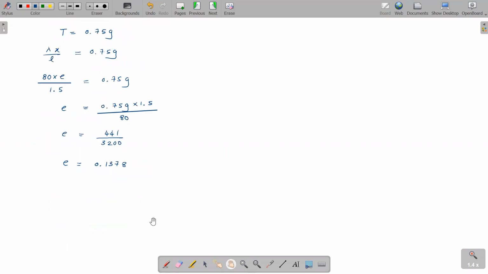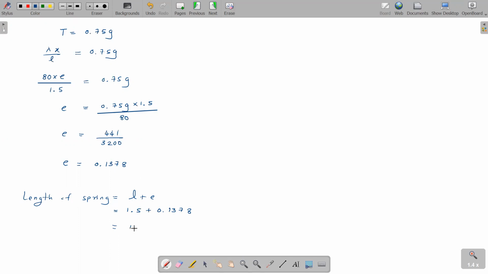So they asked us to calculate the length of the spring. So what's the length of the spring? Length of spring is the natural length plus the extension. So what was our natural length? 1.5 plus 0.1378. And then that answer you can give to 3 significant figures. So when you add it to 1.5, you get 1.6378 and so on.